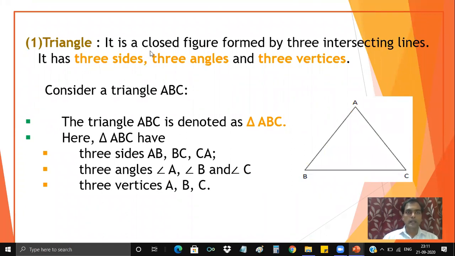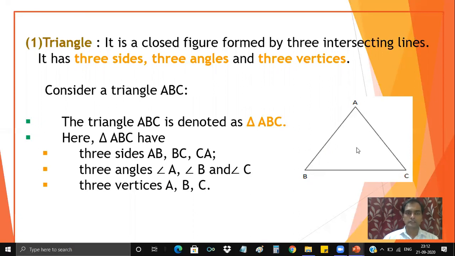Triangle is a closed figure formed by three intersecting lines. It has three sides, three angles and three vertices. You can see the diagram of a triangle.